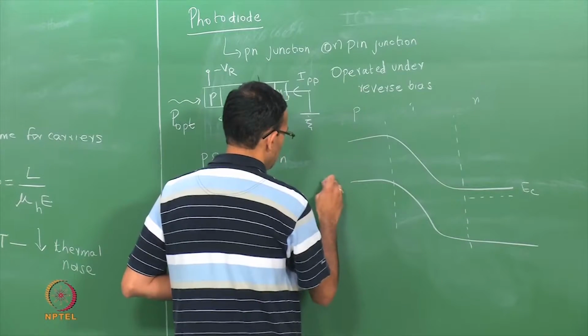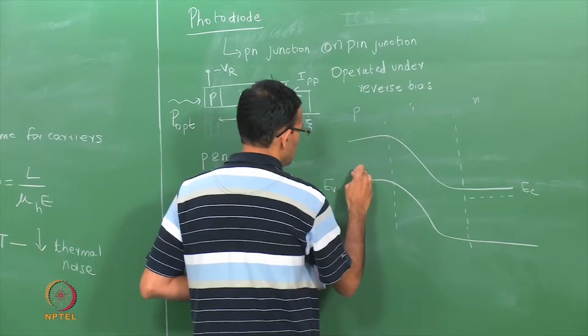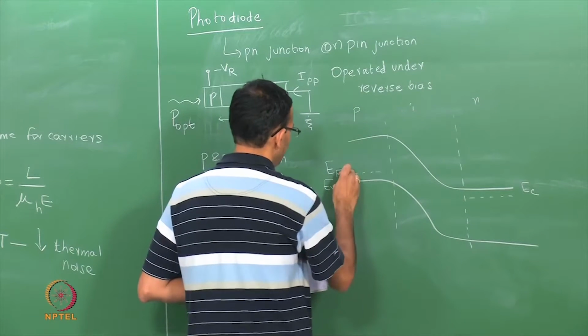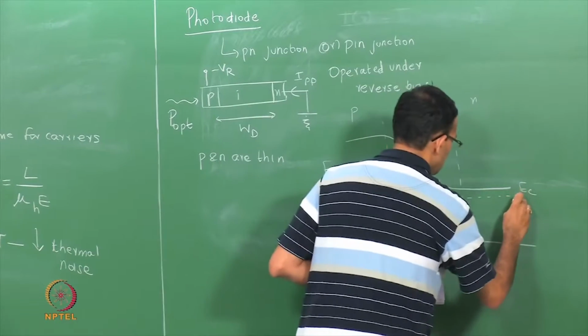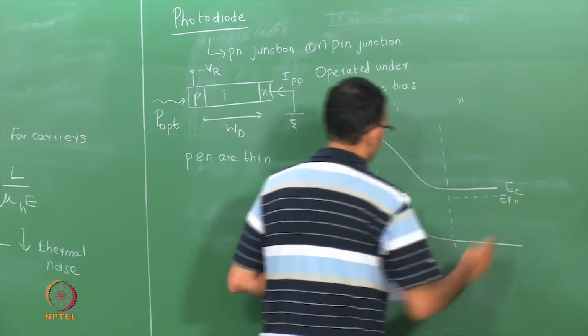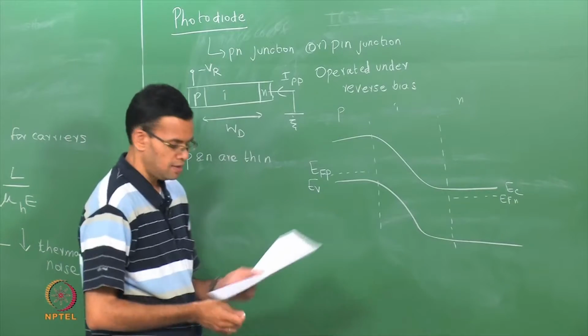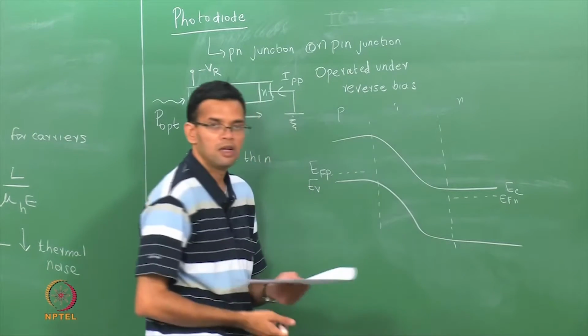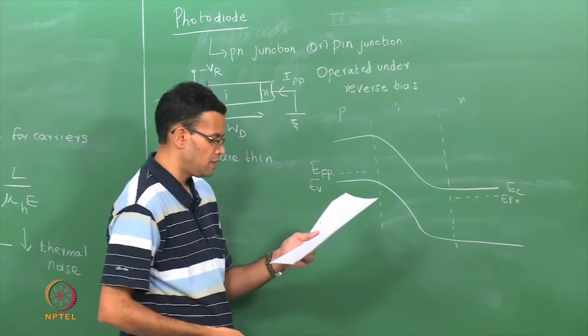This refers to the valence band. This is EFP, this is EFN. So, in this particular case there is a reverse bias. The reverse bias voltage depends upon the difference in the Fermi levels.